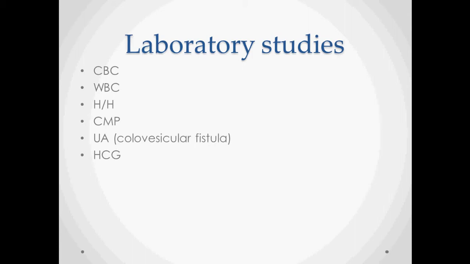Urinalysis can tell us if they do have a UTI, then you might start considering the possibility of a fistula coming from the sigmoid colon to the bladder. And then also check an HCG, which will help you know if you want to operate, and it will also help you know if you maybe should be checking out some other things.